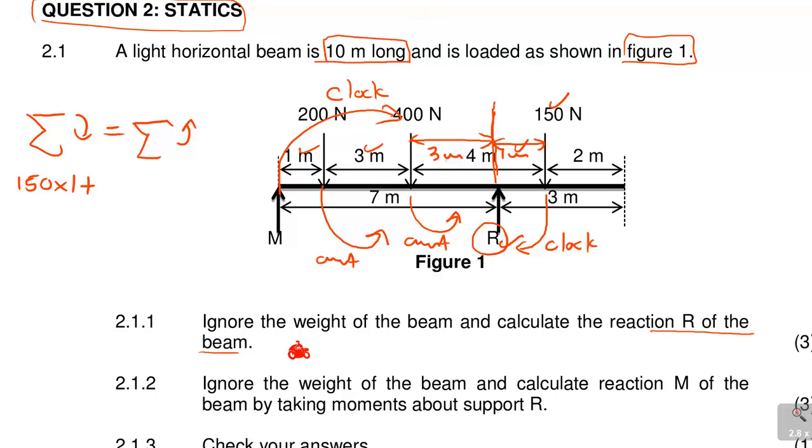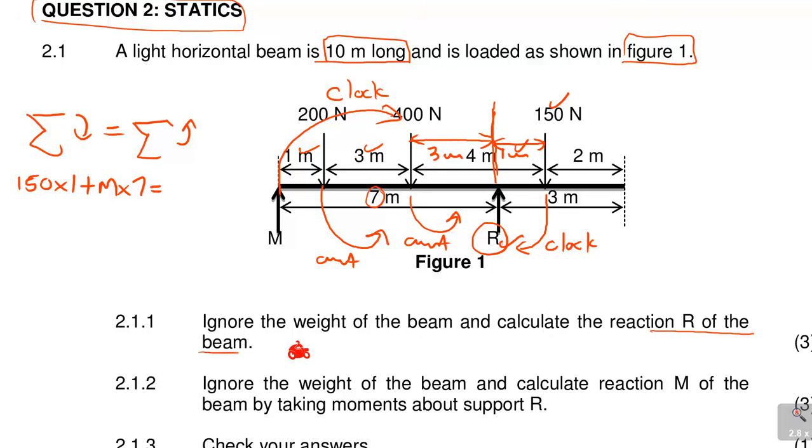Plus the next one that is clockwise is M, which is M times the distance of M from R. You can see that what they gave us there is 7 meters, because it's 1 plus 3 plus 3, but at the bottom it's clear there.